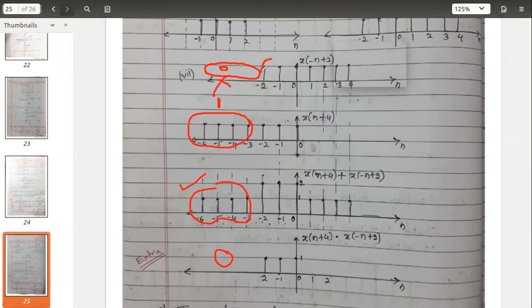Otherwise, in between these, you check 3 samples. Amplitudes are 1, 1, 1, 1, 1, 1. In the earlier case, while adding, 1 plus 1 had become 2. But in multiplication, 1 into 1 becomes 1, all 3 values. Then after this, you have the amplitude 1, 1, but here you check it is 0.